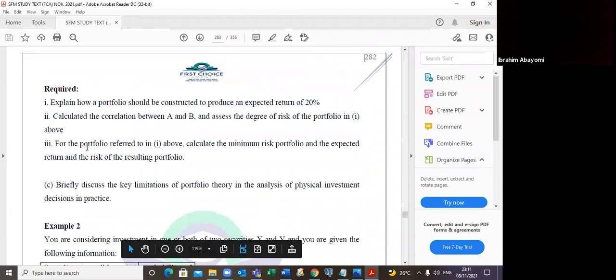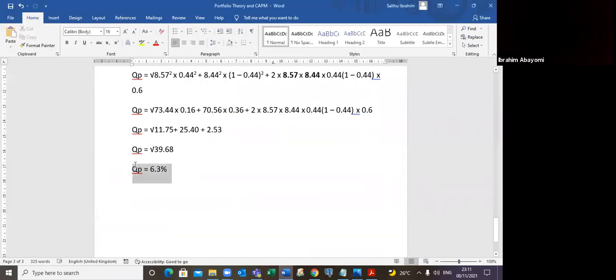3, for the portfolio referred to in one above, calculate the minimum risk portfolio and the expected return and the risk of the resulting portfolio. What are we asked to do here? The question is telling us, what should be the minimum risk of this portfolio? The risk we computed here, we can still reduce it further.